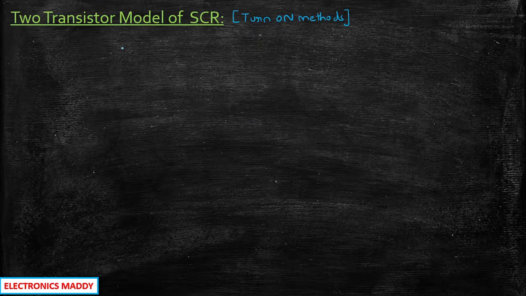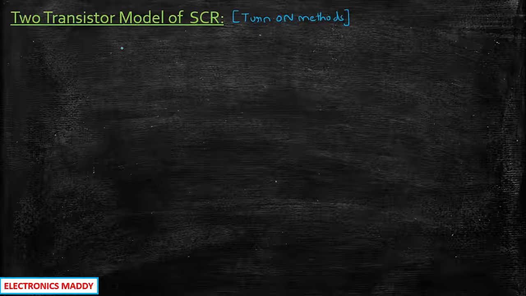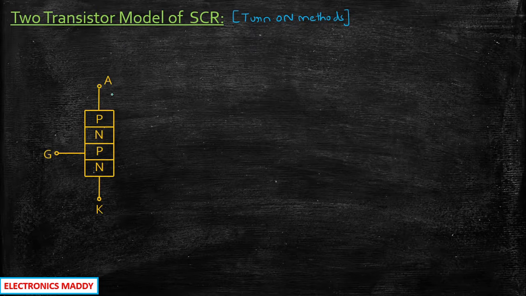Now at the first place, you need to know what is the two transistor model, isn't it? So let us consider the structure of SCR, and it has three junctions, say junction J1, junction J2 and junction J3. If you carefully observe this particular structure, it contains two transistors, that is PNP forms one transistor, NPN forms another transistor, isn't it?